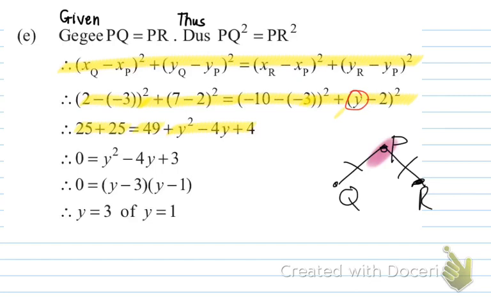Because I have a quadratic equation, I'm going to take everything over to one side so that I have 0 on the other side. So I have y squared minus 4y plus 3. Factorize that and I get (y minus 3)(y minus 1). So y is equal to 3 or y is equal to 1.